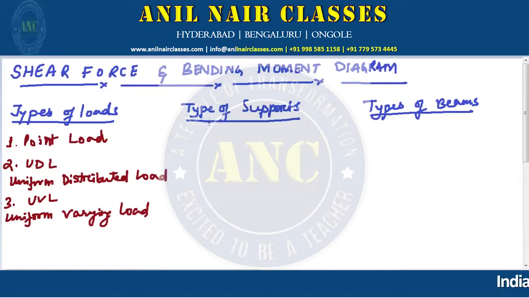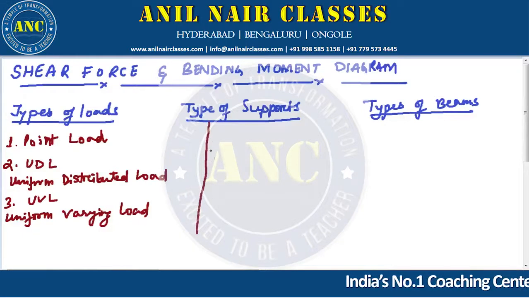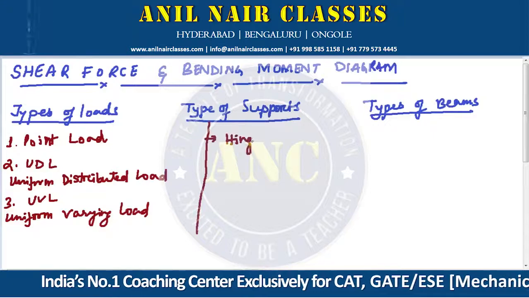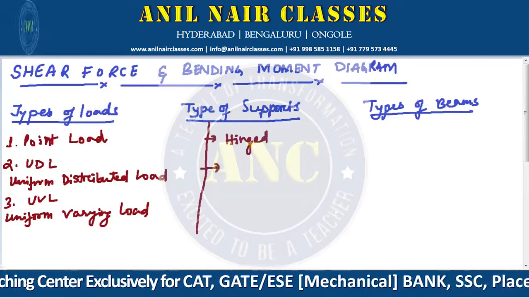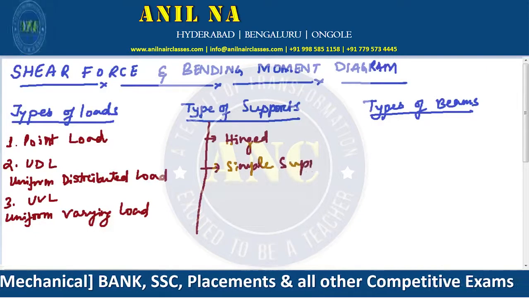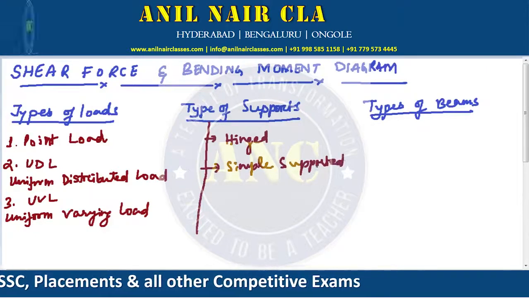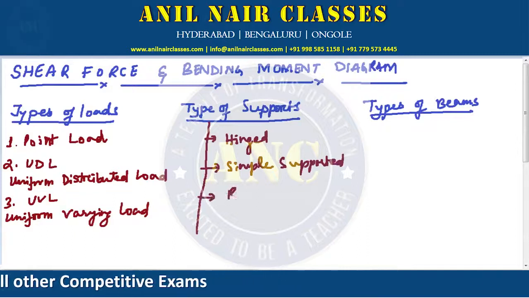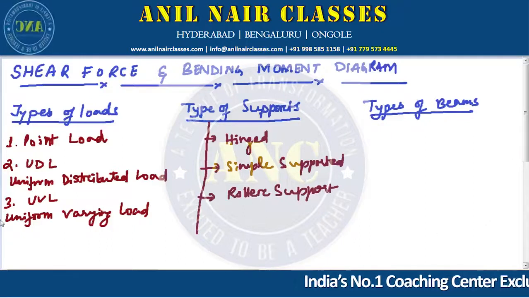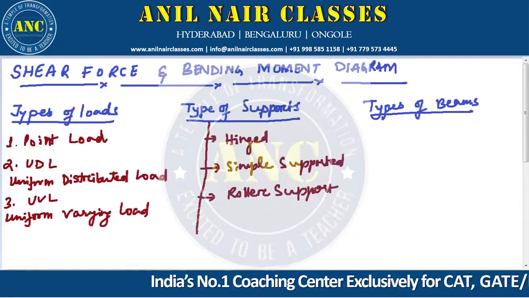Similarly, when you go for the types of supports, one is hinged, then we have simple supported, then we have roller support. Any other support? Come on, I want you to type.